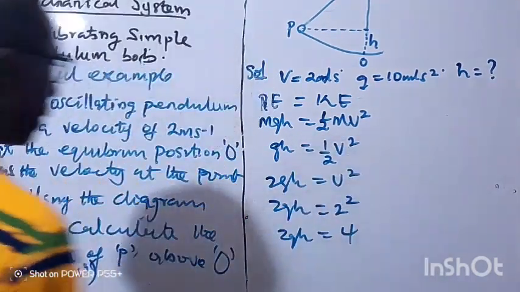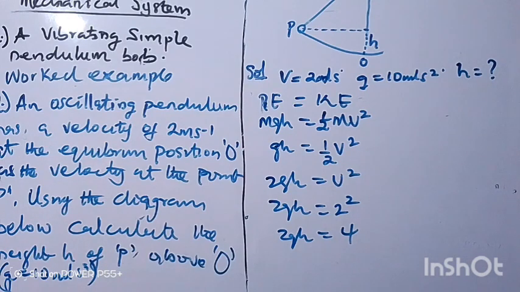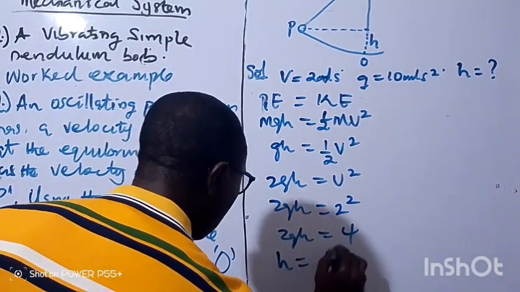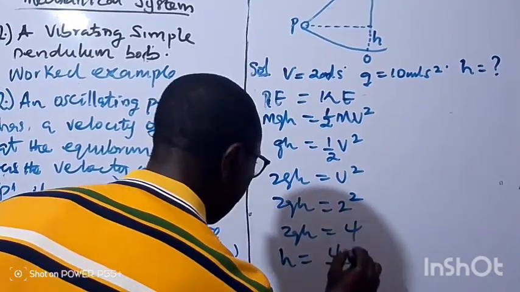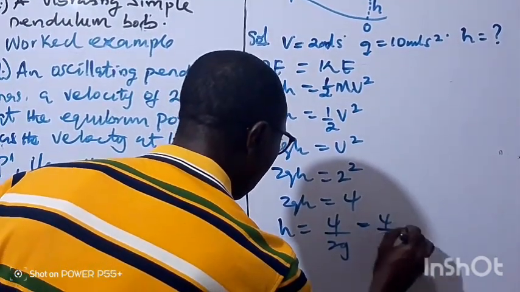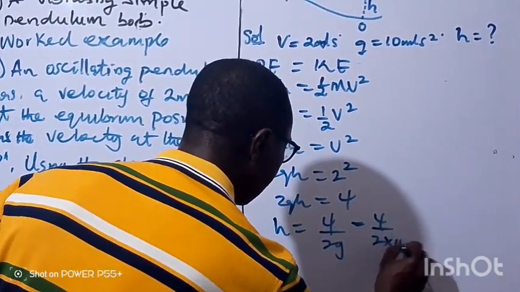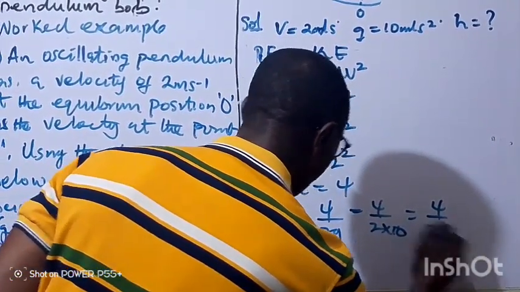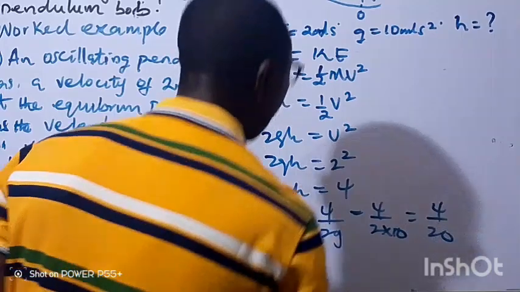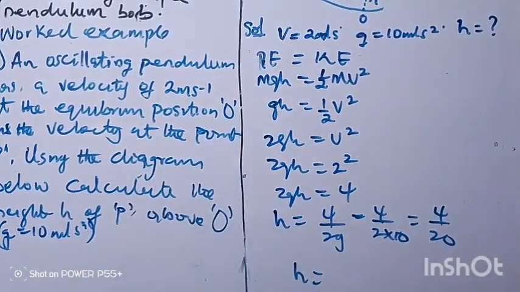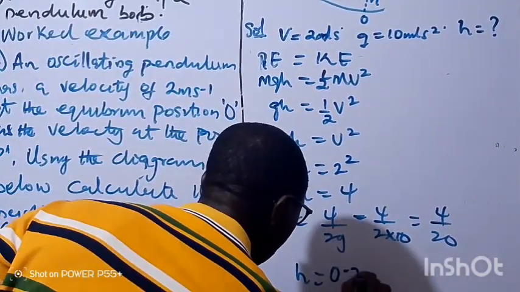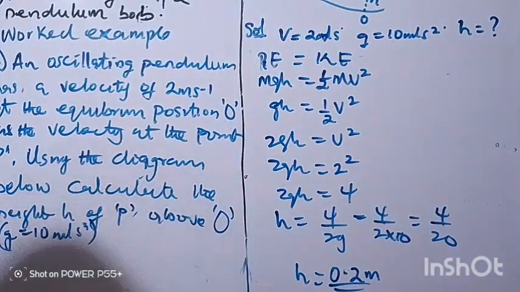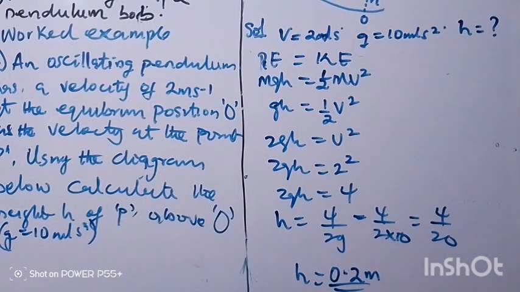We need h, and at the same time g is given. So our h now is equal to 4 over 2g, which is equal to 4 over 2 multiplied by 10. So our h now is equal to 4 over 20. So h, according to the question, will be equal to 0.2 meter. That's the value of h of P above O.